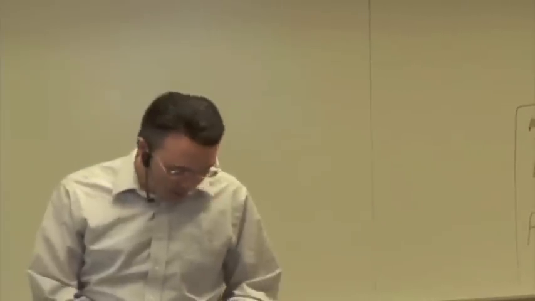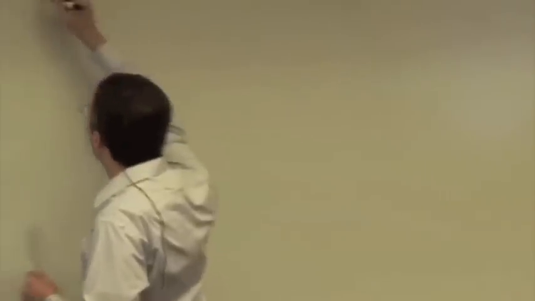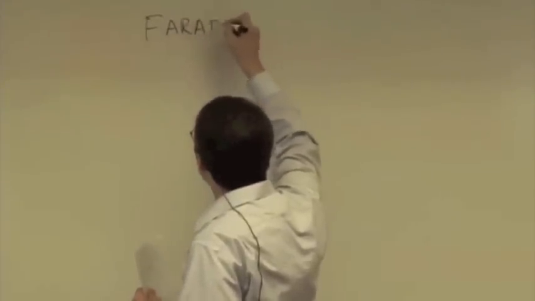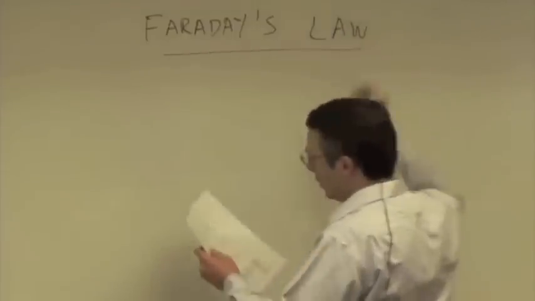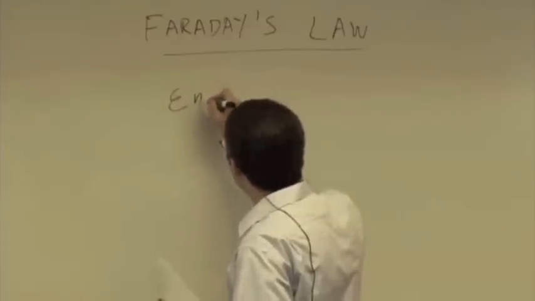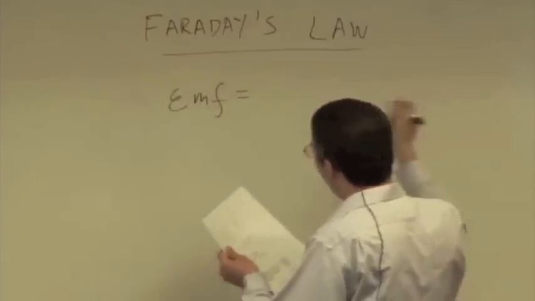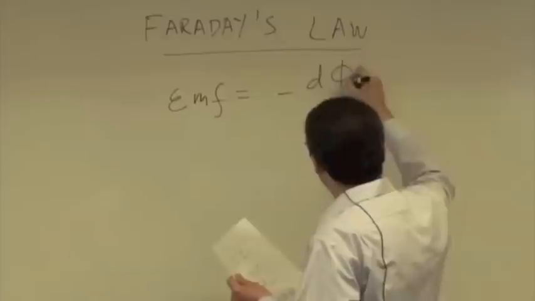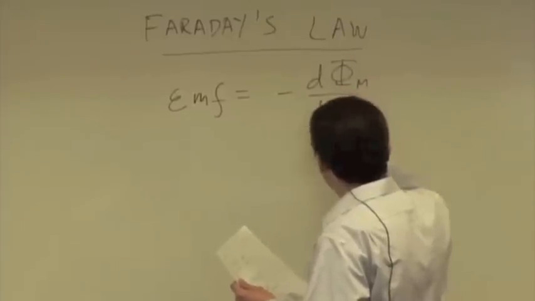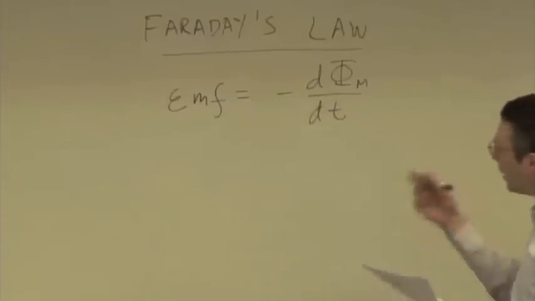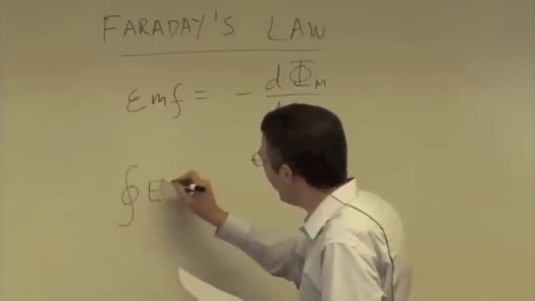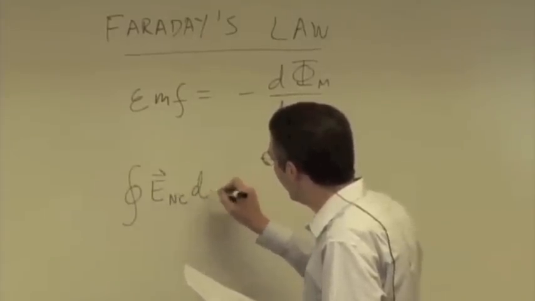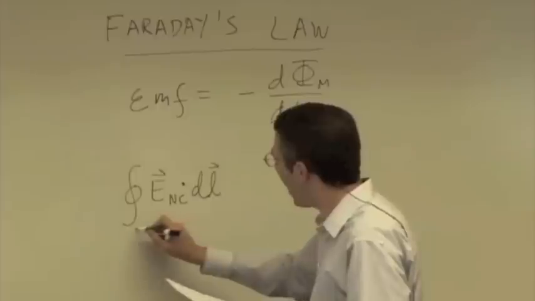We're going to continue on with Faraday's law, which, as we've seen, comes in two different forms: the induced EMF being equal to the negative rate of change of magnetic flux through some area, or we can also write that as a curly electric field, the path integral of the electric field around a closed path.